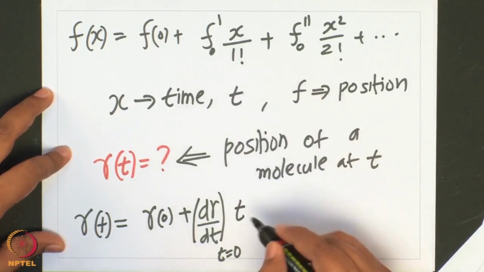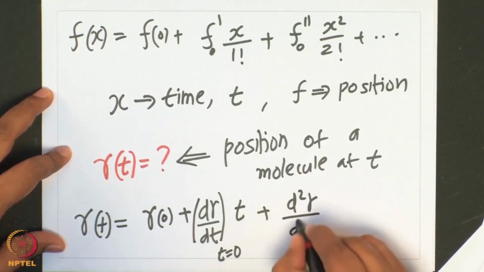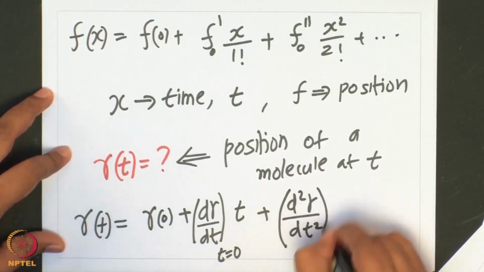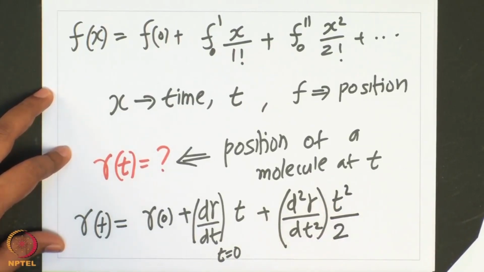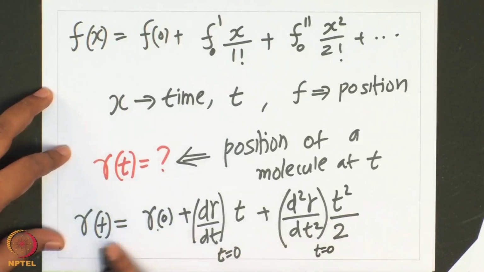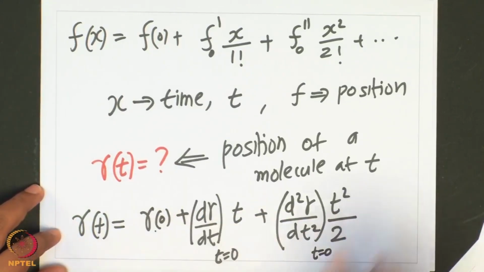Plus the second derivative d square r by dt square, t square by 2 factorial. So if I know the initial position and initial velocity and the acceleration at time t equal to 0, I can get this. If I assume all other derivatives are 0, it is just this.